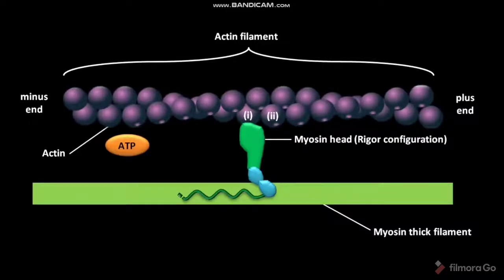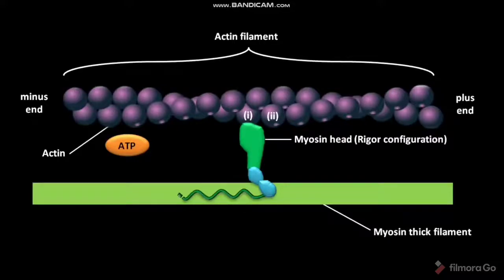In an actively contracting muscle, the locked state of the myosin head to an actin monomer in the actin filament is very short-lived. This state is rapidly terminated or stopped by the binding of an ATP.